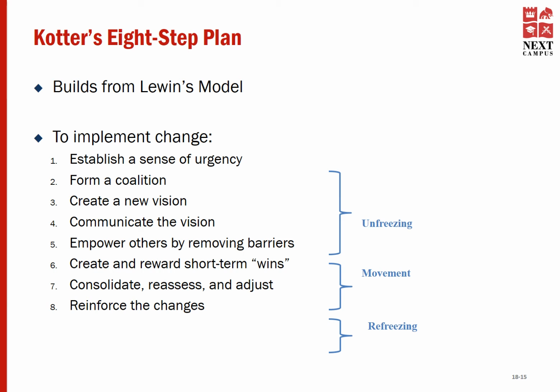The step number 7 is consolidate, release, and adjust. This is a key step where you execute what you have been planning. Looking at the small task changes, try to consolidate them, group them up into releases.